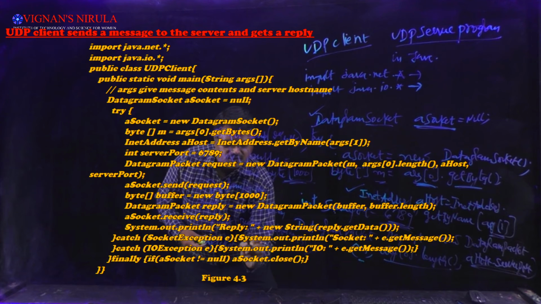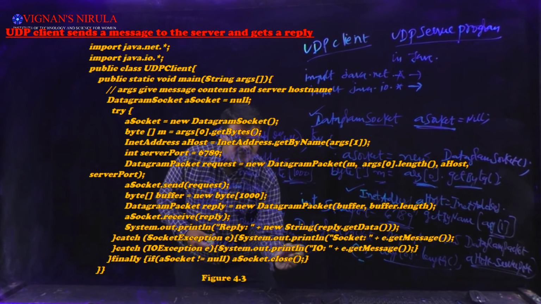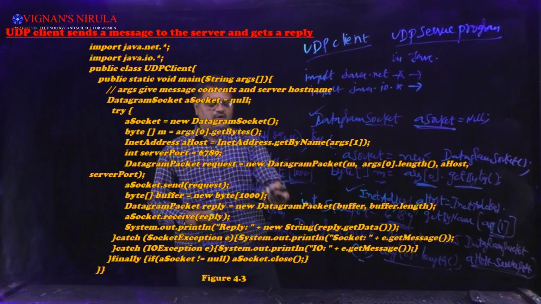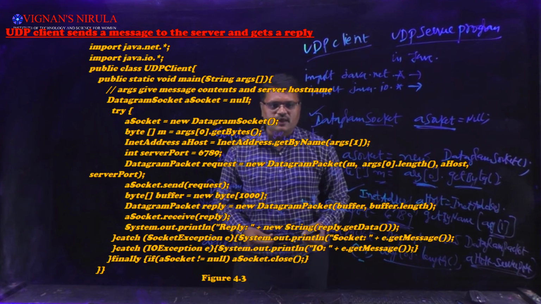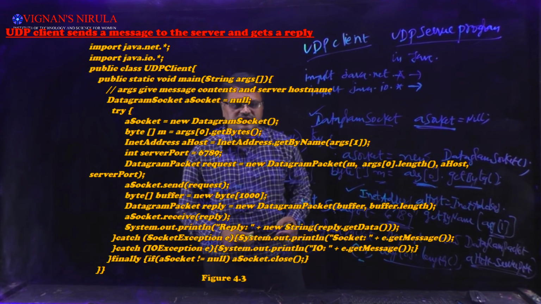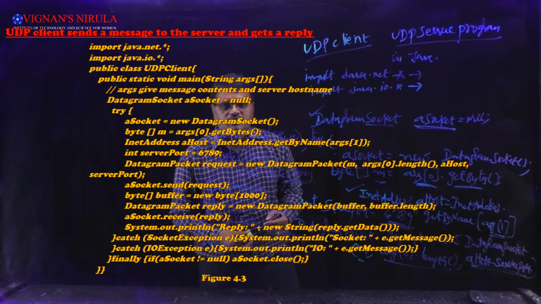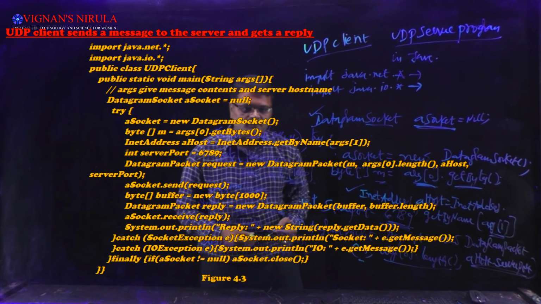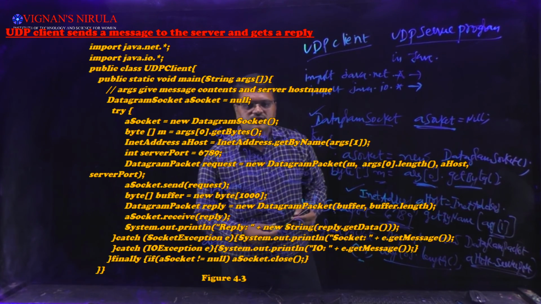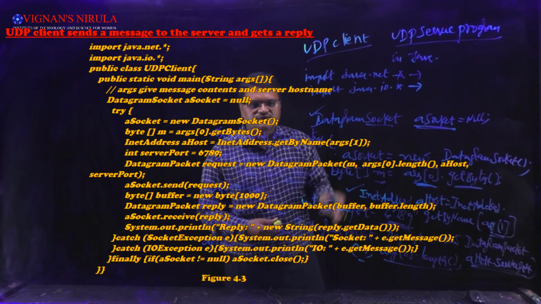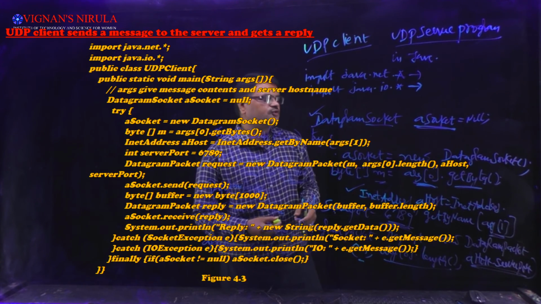aSocket.receive(reply). So whatever reply you get from the server, you receive in a buffer and store it in the form of a packet. Okay. So this is the main structure of the UDP client.